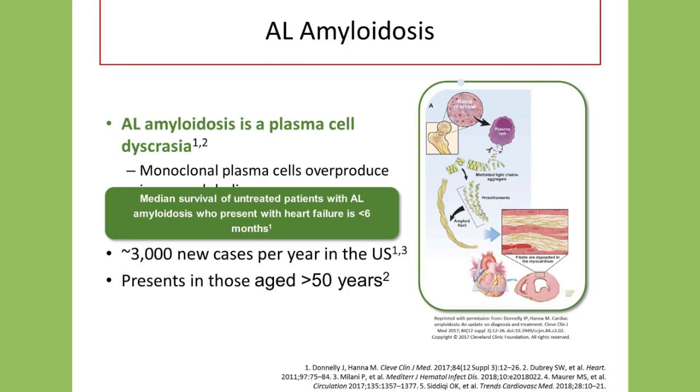And when we go back to that graph I showed about patient survival, the reason is that these disease processes progress, patients present in heart failure, and by the time it takes to unravel what the diagnosis of the heart failure is, the patient's disease has progressed severely.